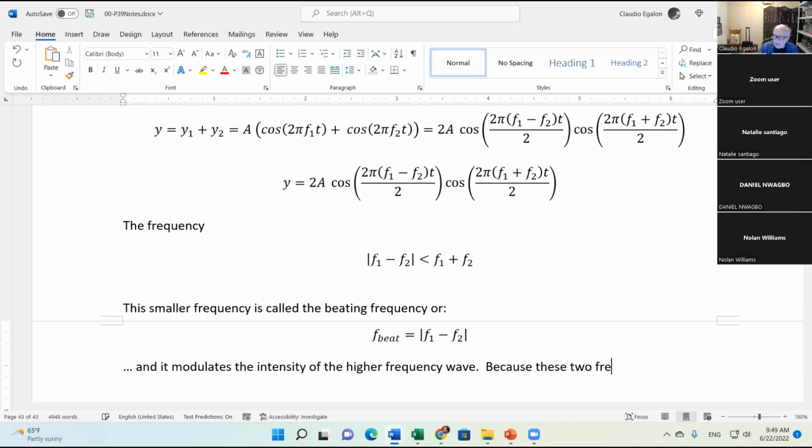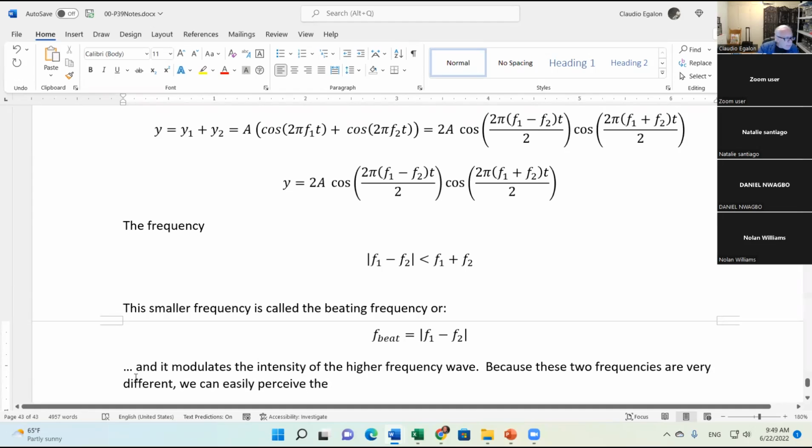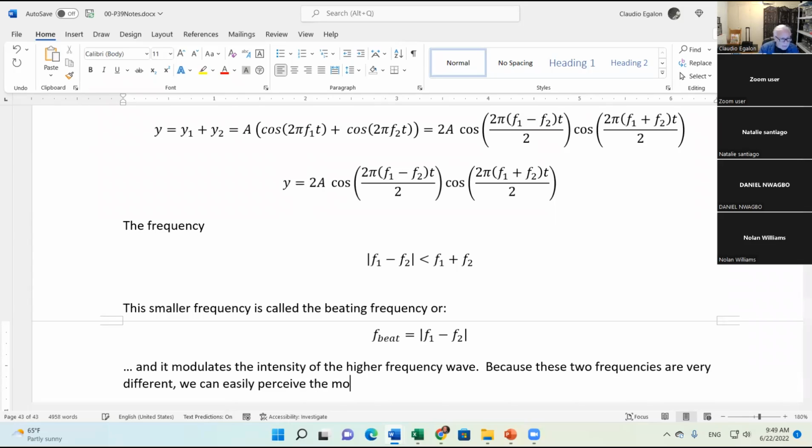Because these two frequencies are very different, we can easily perceive the modulation of the lower frequency.